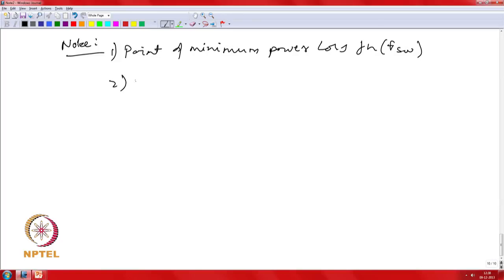The second thing is at high FSW, a lower value of L is preferable.